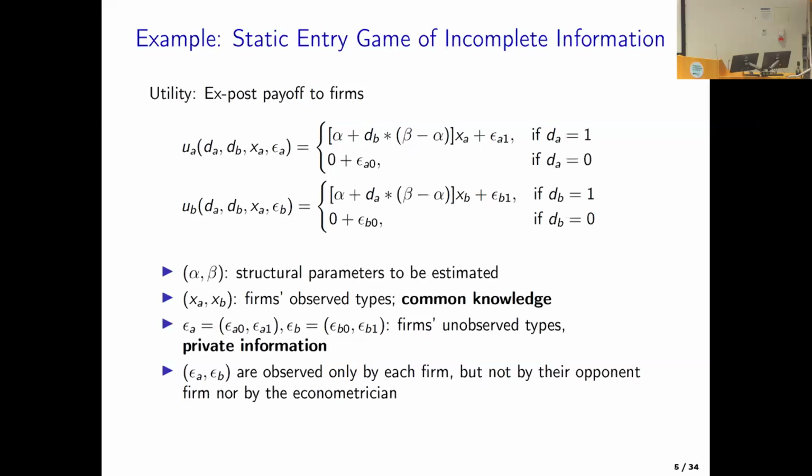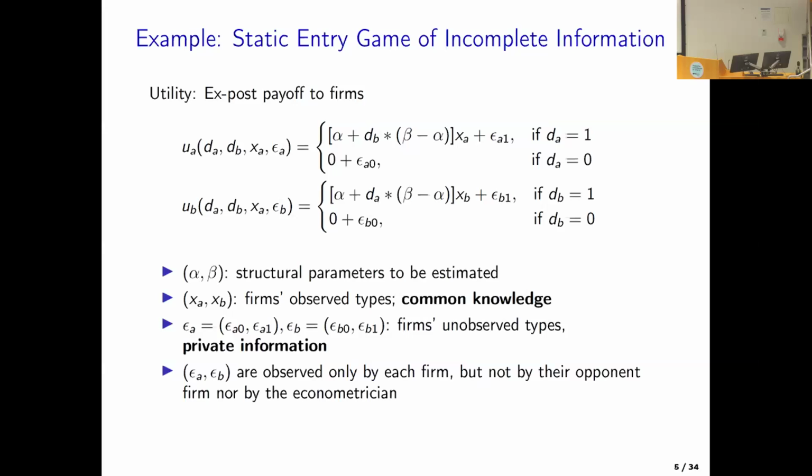Now, if you are serving in the market, I get alpha, but my payoff depends on whether the other firm is there. So D_B, that's the action of the other firm. If I'm there alone, then D_B is 0, and I get alpha.